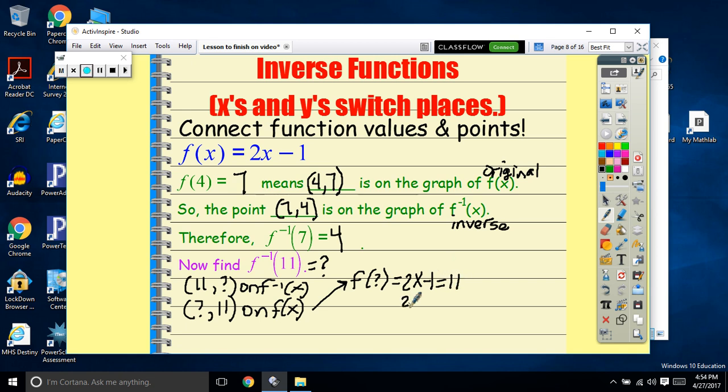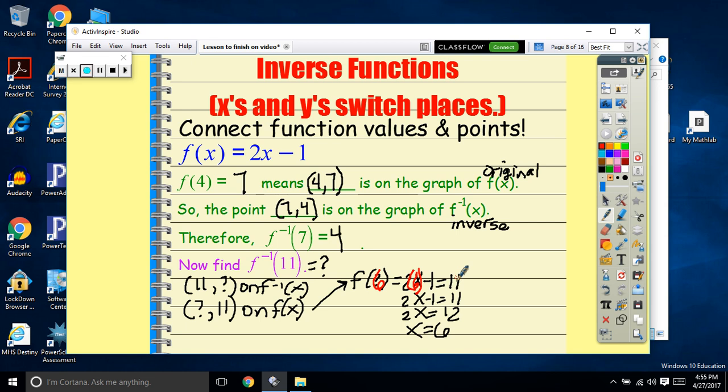So wait, if 2x minus 1 equals 11, 2x equals 11 plus 1, x equals 12 divided by 2, which is 6. So I just found out, I'm going to go over this so you can see how I'm going to work backward now. That means f of 6, which is 2 times 6 minus 1, equals 11.